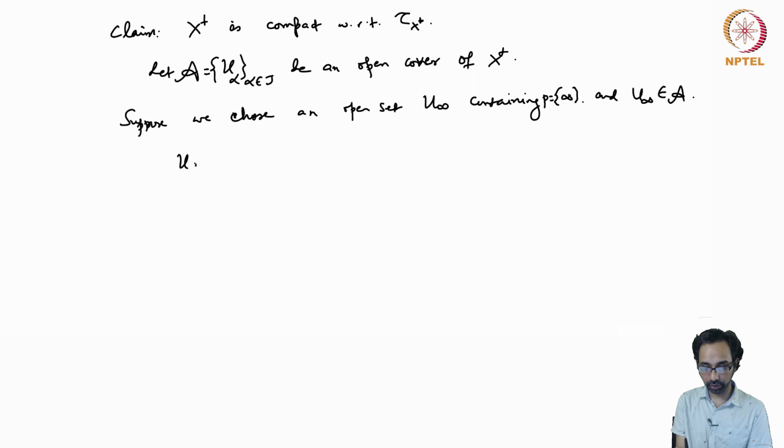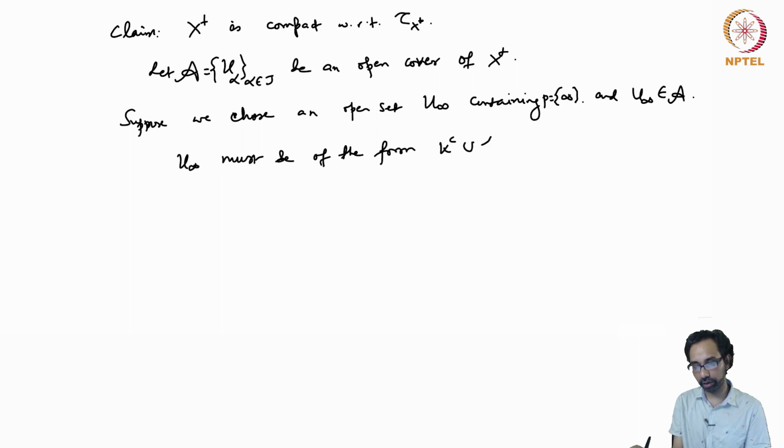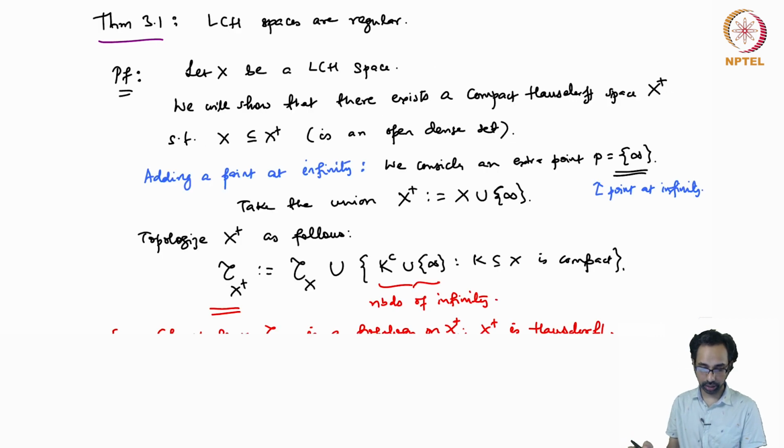Now U infinity must be of the form K complement union infinity. Let me go back for a while. In the first part where we have the topology on X, none of the open sets in X will contain the point at infinity, right?